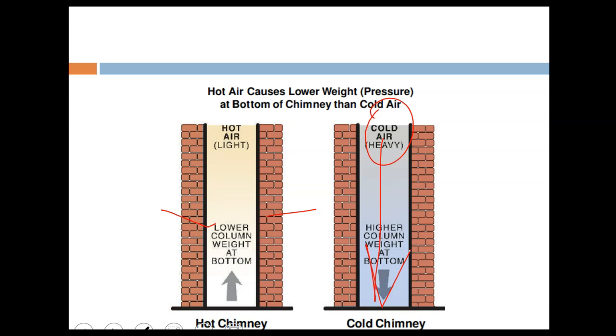So if you start pumping hot air into it, it's going to be a little bit harder to pump it into the cold air because it's heavier. But once it finds its own way, it will start to float upward because it's lighter than the cold air, and eventually it will cause the whole chimney to heat up, and it will provide the proper amount of draft.